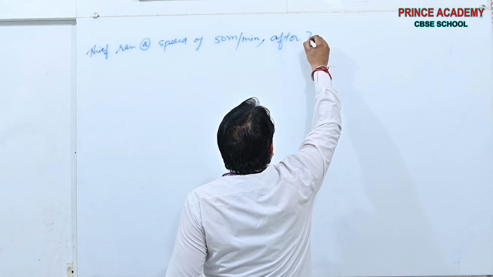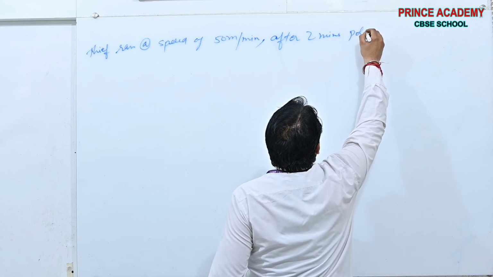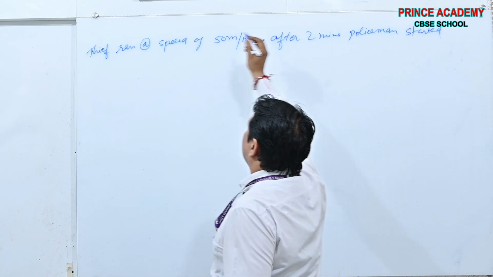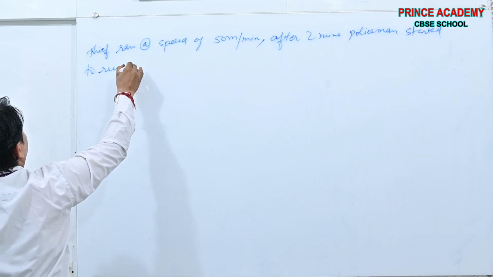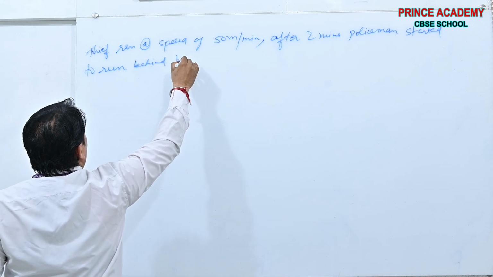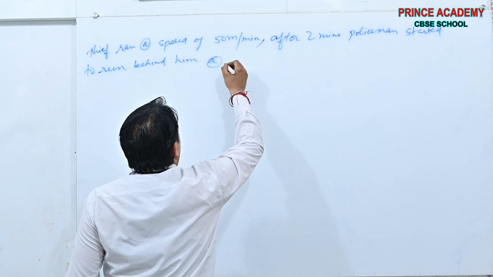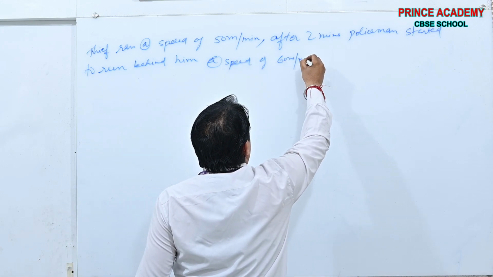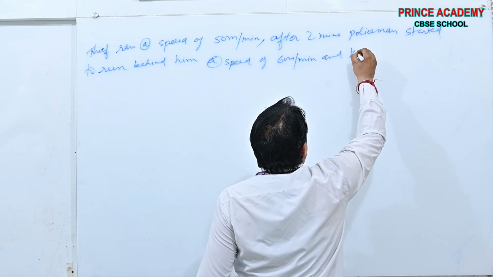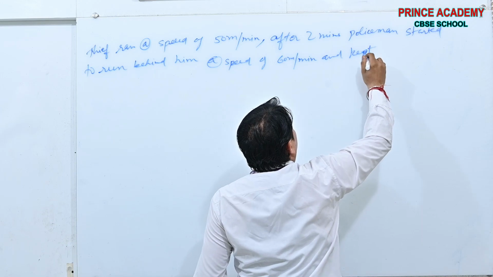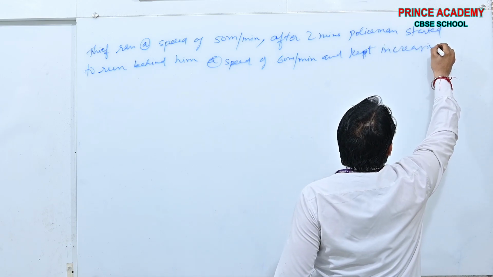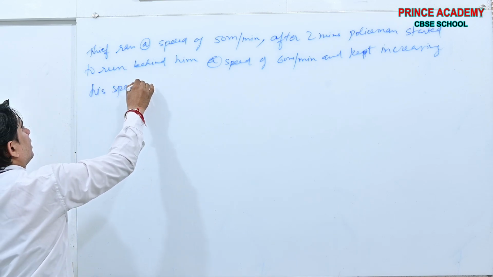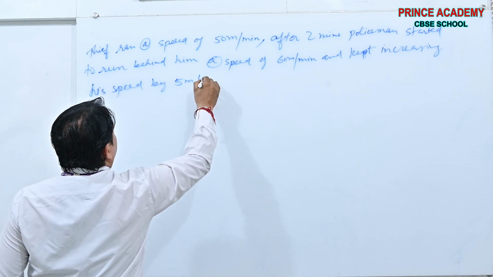After 2 minutes, the policeman started to run behind him at the speed of 60 meters per minute and kept increasing his speed by 5 meters per minute.